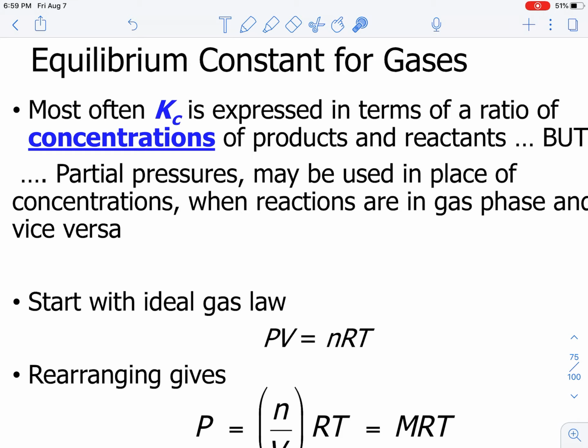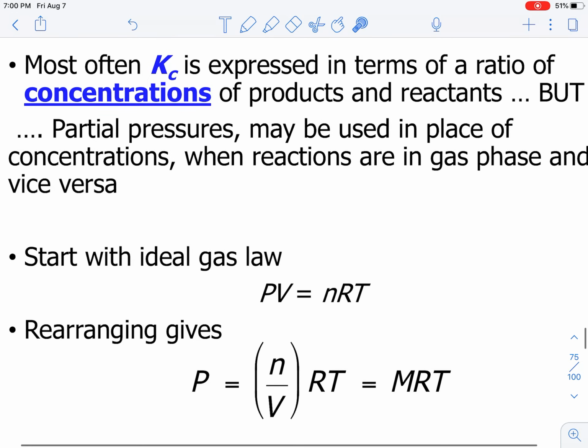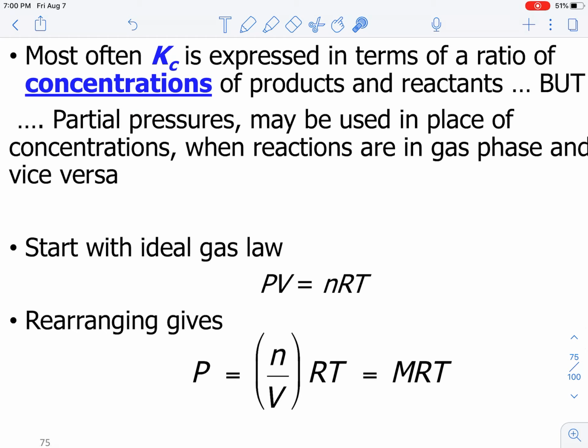However, concentration or molarity is not the only unit to describe the amount of substance that's present per given volume. For gases, we can also utilize partial pressures as the unit to describe the amount of substance in that specific container. And so we're going to take a look at why we can do so.